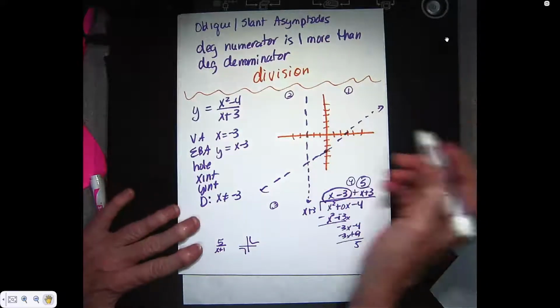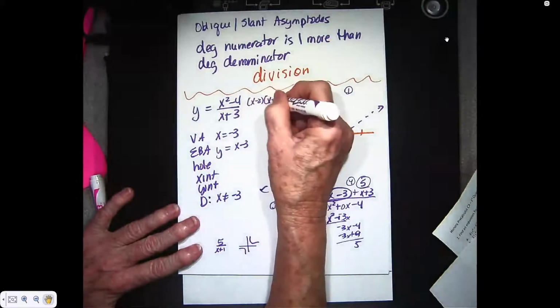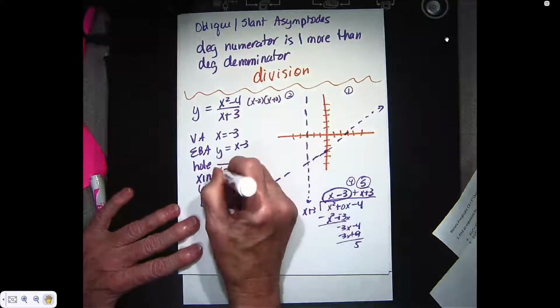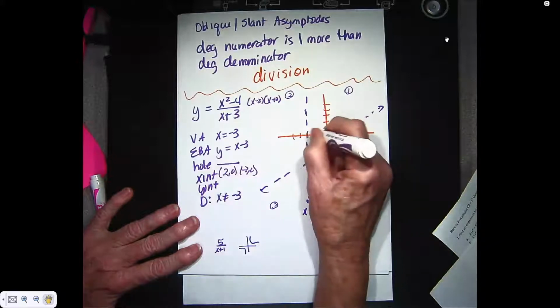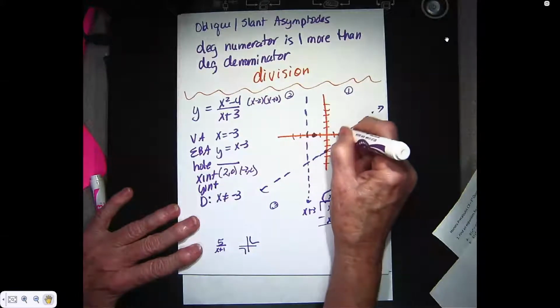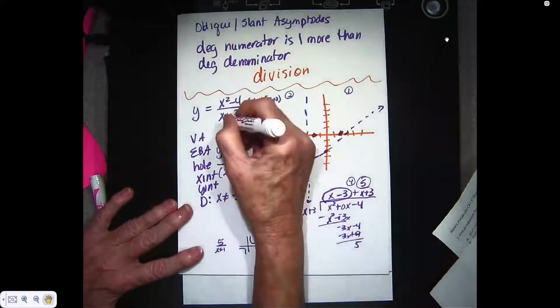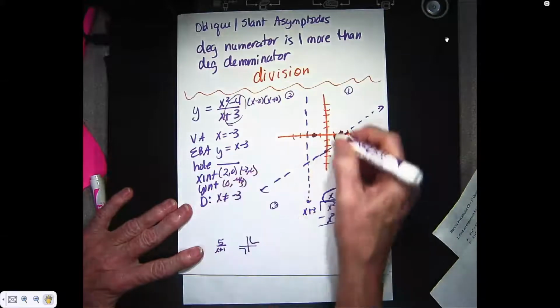All right, factor the top: x minus 2, x plus 2. So there are no holes. X-intercepts at (2, 0) and (negative 2, 0). And then the y-intercept would be found here: (0, negative 4 thirds).